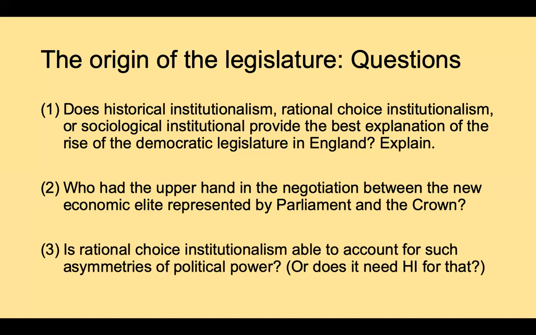If we say that it was the Parliament, if we acknowledge that there may have been an asymmetry of power, well, what we're saying is that there were power relations involved, in that at this historical moment in time, the power relations didn't really work in the Crown's favor. They actually worked in the favor of the new economic elite. They worked in favor of the Parliament.